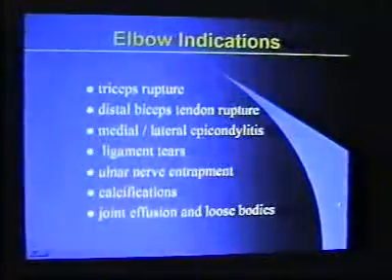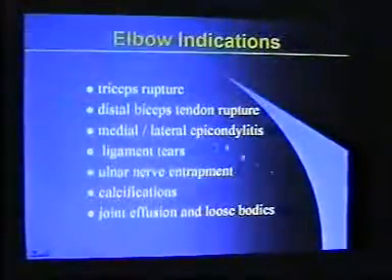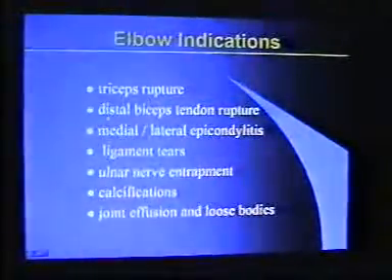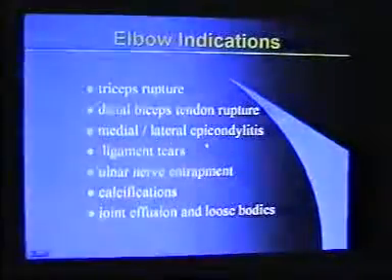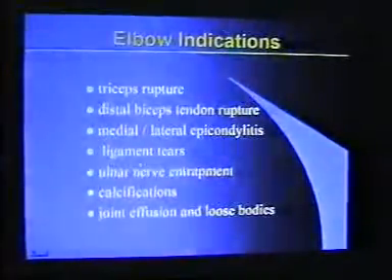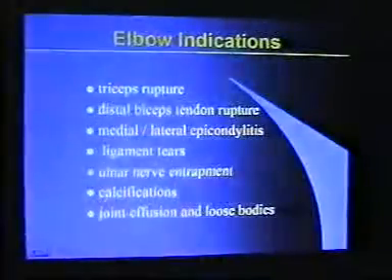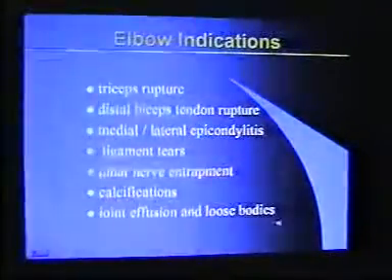In pathologies, there are different things which we can find. The indications are triceps rupture, distal biceps tendon rupture, medial and lateral epicondylitis, ligament tears, ulnar nerve entrapment, calcifications, joint effusion and loose bodies.